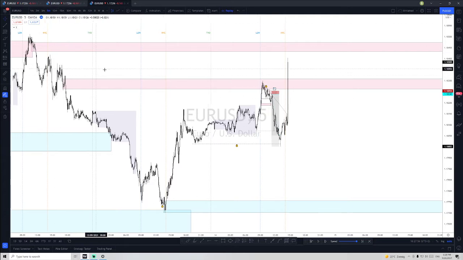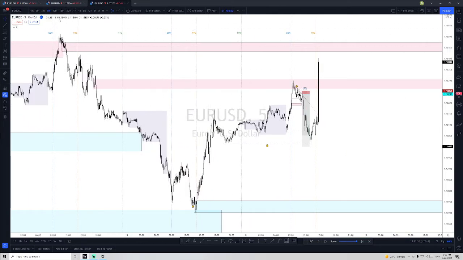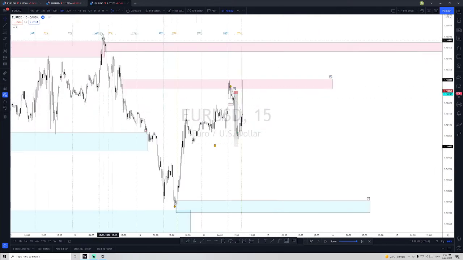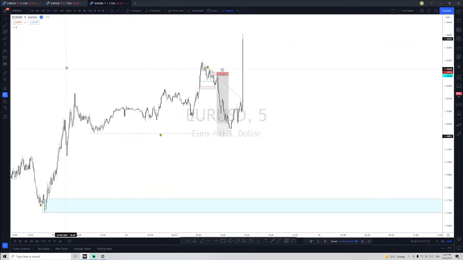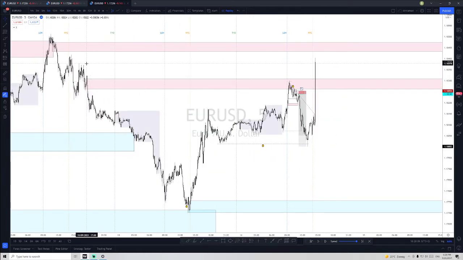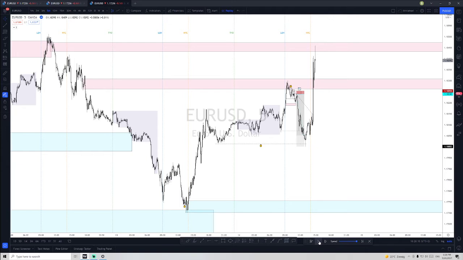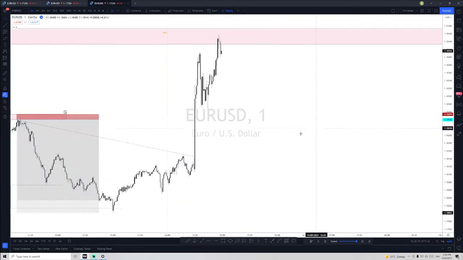Let's go into the 5 minute. We have our other area of supply over here. We have some highs that are being violated right now. Let's see. All right, we come into that area of supply again. 1 minute, what can we see, right?